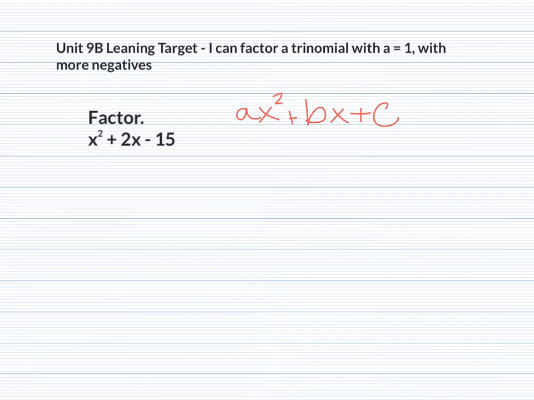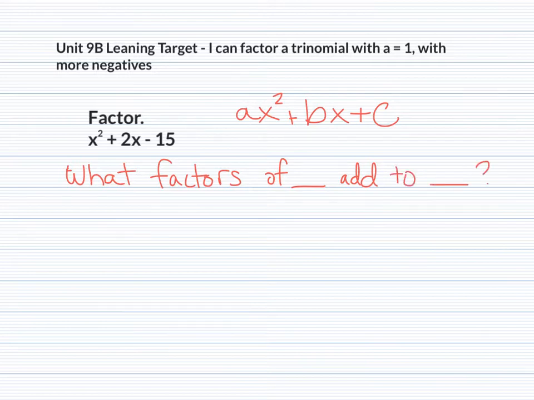So right now we're looking at x squared plus 2x minus 15. As we said in class, in order to factor this, our question is, what factors of C add to B?